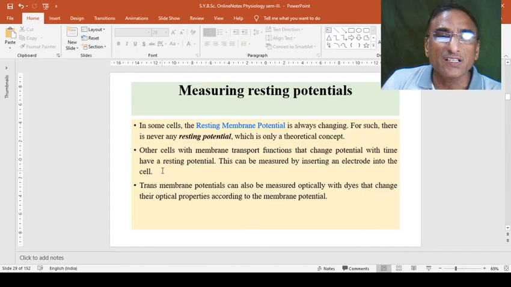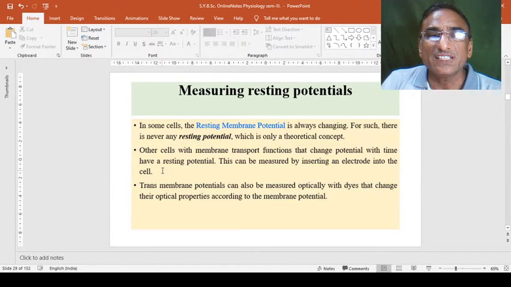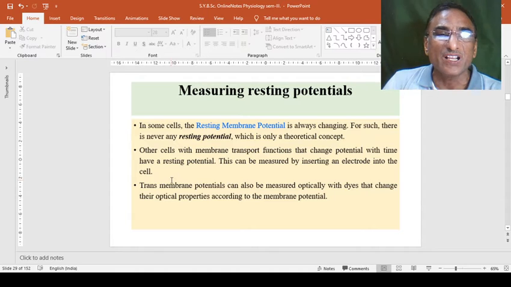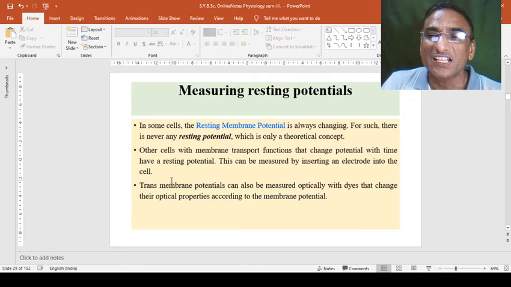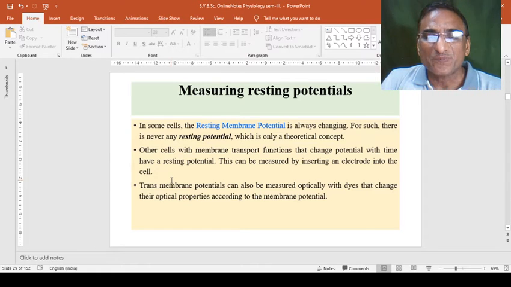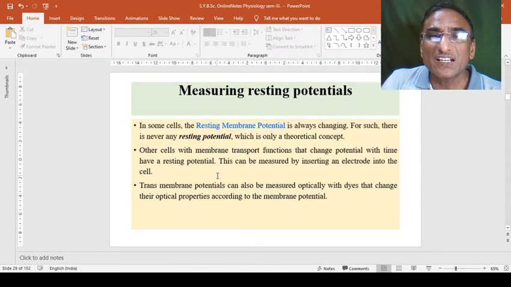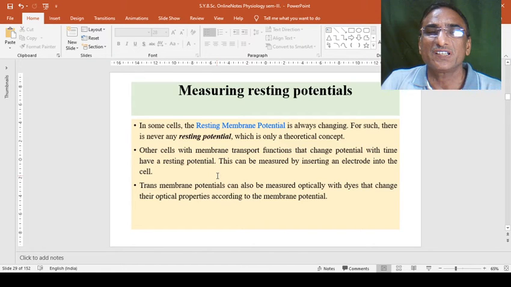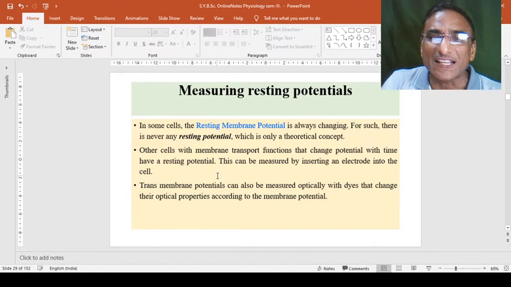Cells like the nerve cells or neurons we are studying, with membrane transport functions that change potential with time, have a resting potential, and this can be measured by inserting an electrode into the cell. So microelectrodes are also there that can calculate the millivolts, the potential which is present in the cell.